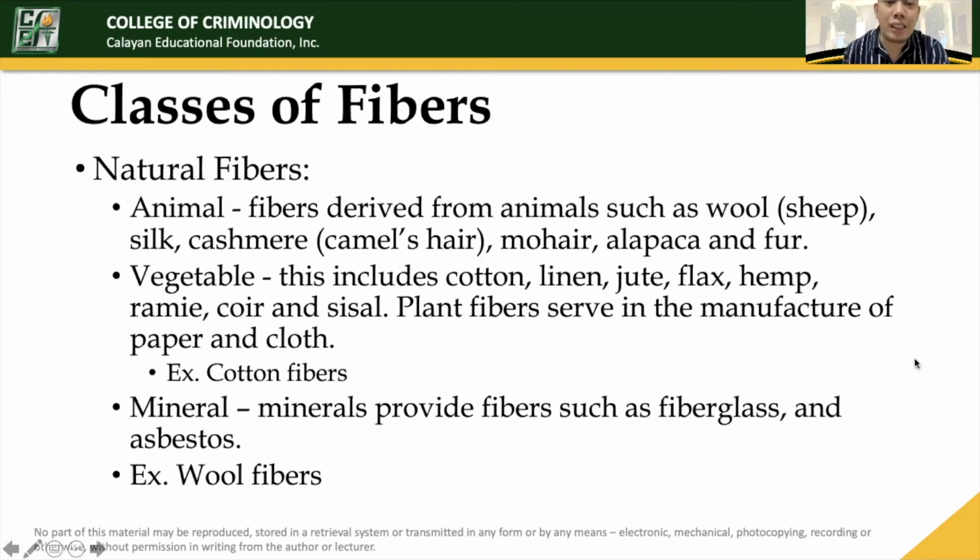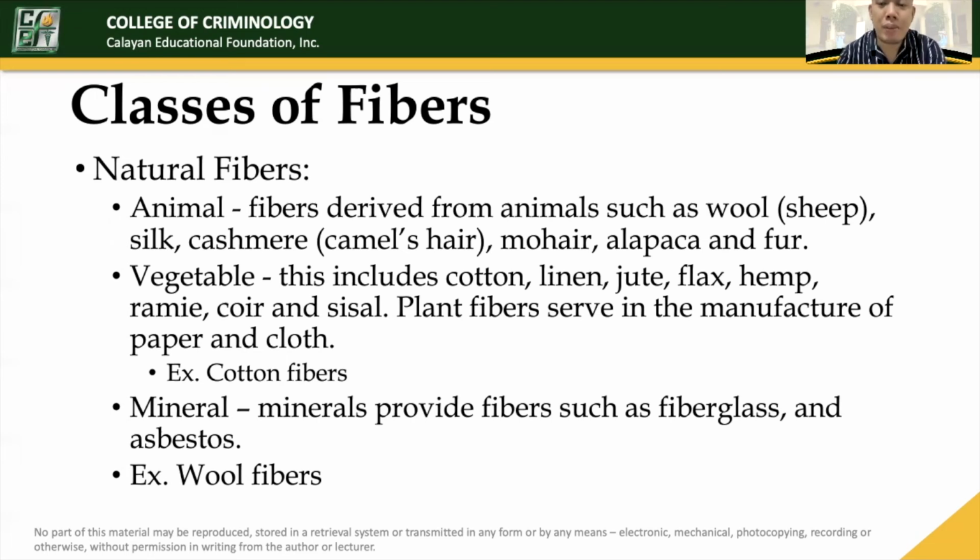So madaming klase. So you have there first the natural fibers: animal, vegetable, and mineral fibers. So yung mga damit-damit natin ay either animal fiber na galing sa sheep, sa camel, sa alpaca o kung ano man, sa mga animals. Now, if it is vegetable, tulad ng mga cotton, mga damit natin na cotton, linen, mga yan.